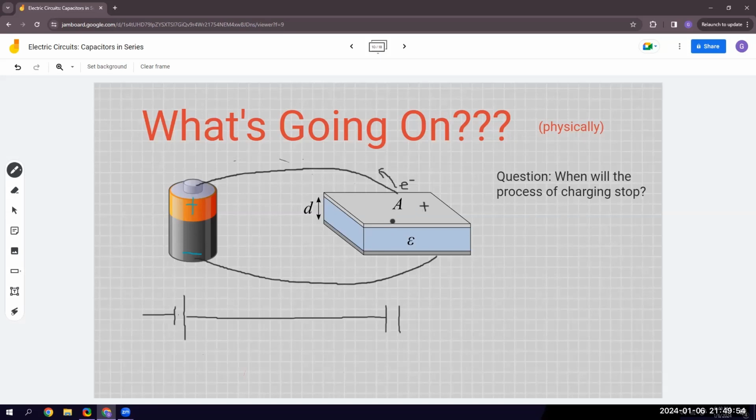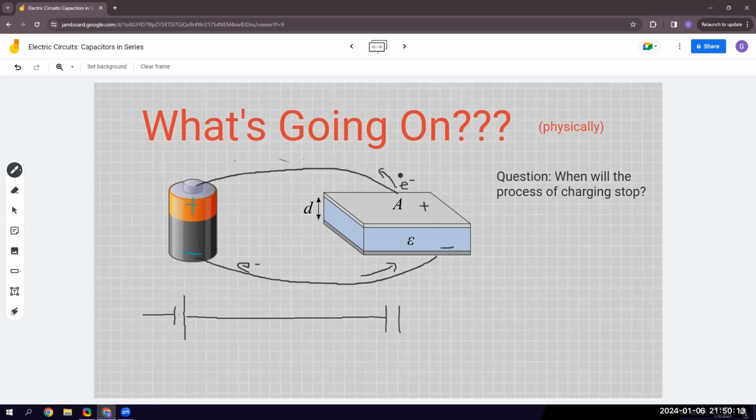Now that we have a positive plate, it attracts electrons to it. So from the battery going towards the bottom plate comes an electron, and now the bottom plate becomes more negative. And so this gets a negative charge on it.